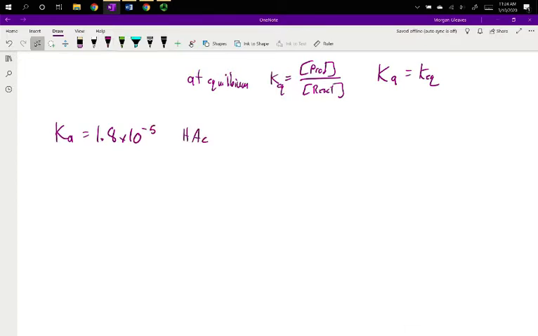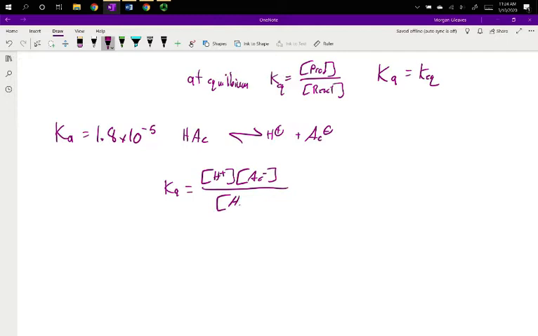Since it is in equilibrium with H+ and AC-, we can write its equilibrium expression. We can say that the Ka must equal the products' concentrations, H+, AC-, all over the acid, HAC.